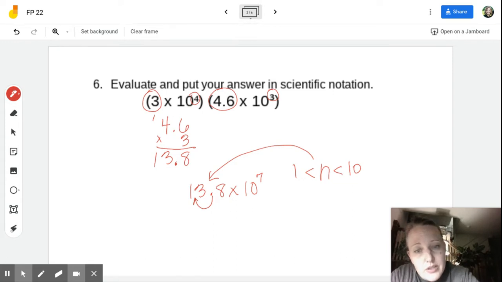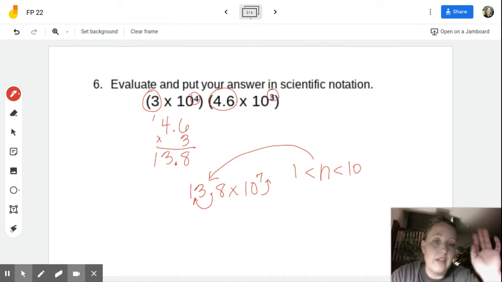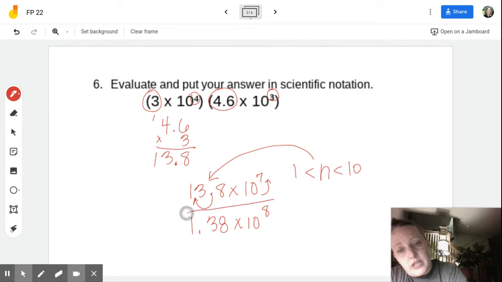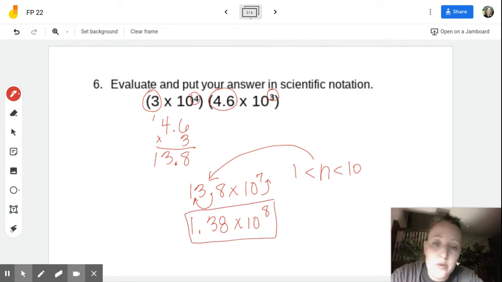By doing so, I need to bump this power up to still remain equal. So we get 1.38 times 10 to the 8th power. Okay, now we're in scientific notation.